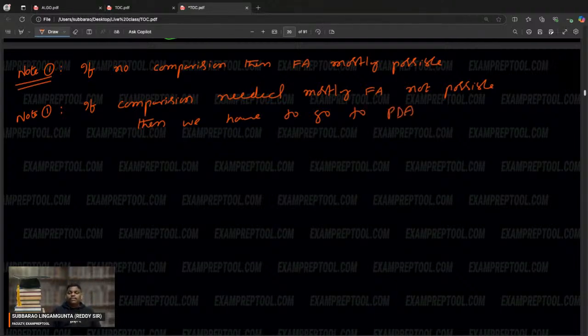If comparison needed, mostly finite automata fail. Remember, I am writing mostly. You have to think a little bit. Don't say anything blindly, because there are some small twists in the exam.